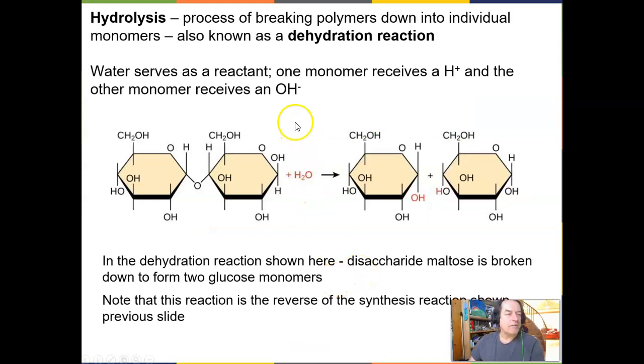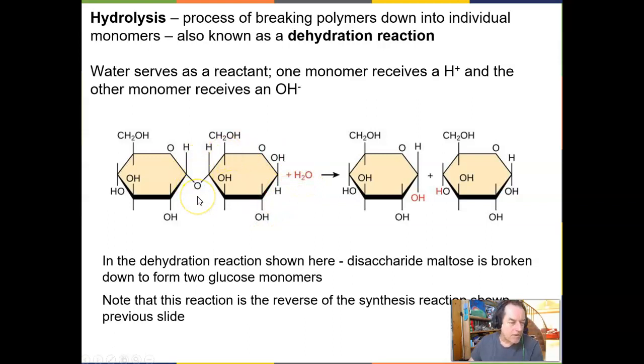The reverse also happens. We have what's called hydrolysis, which is the process of breaking these bonds apart. And in that case, we take a water molecule and insert it.